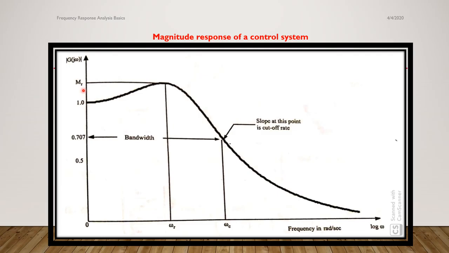Resonant frequency is ωr. Resonant peak is Mr, and this is the bandwidth, and this is ωc. The cutoff rate is the slope of the frequency response near the cutoff frequency, as shown in the figure. Note that the frequency is in radians per second.